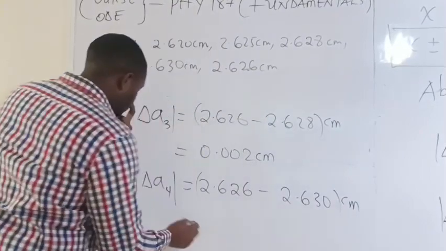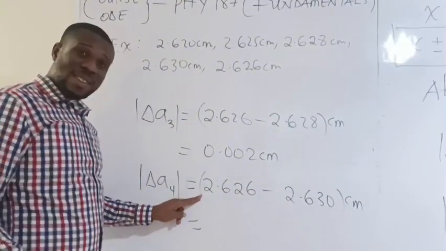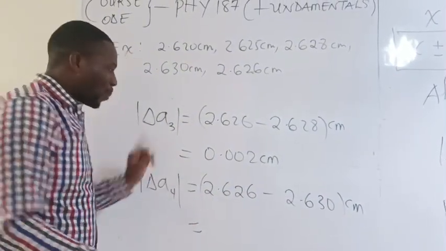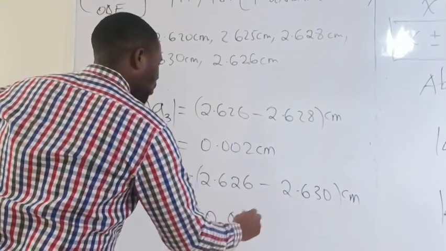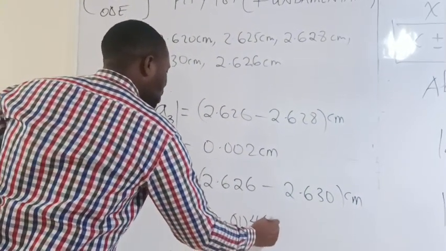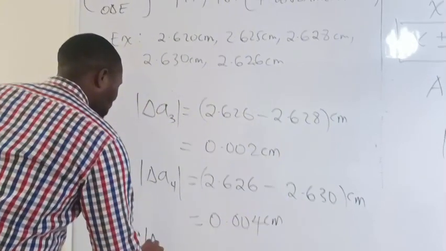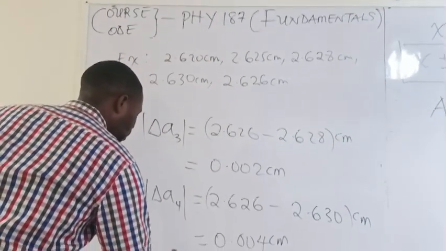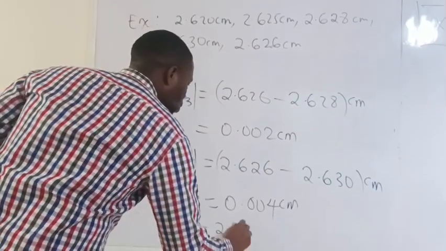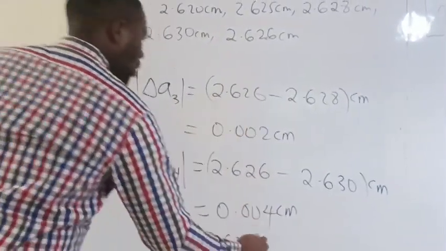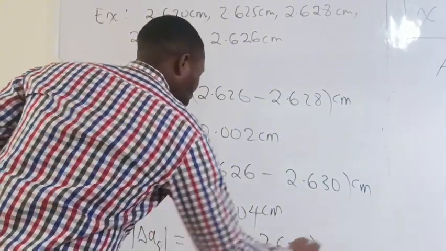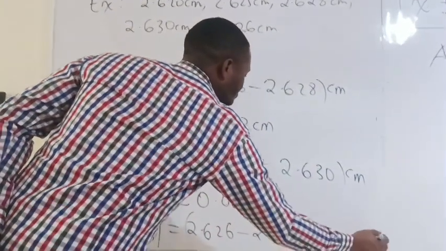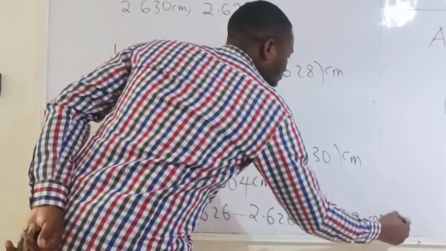I will get a negative value out of it, but I'm particular about the plus, so this translates to 0.004 centimeter. Then for the fifth, and that's the last value, this will be 2.626 minus 2.626, all in centimeter, and this translates to 0.000 centimeter.